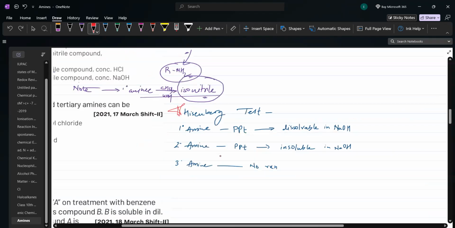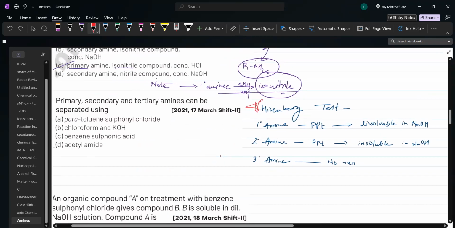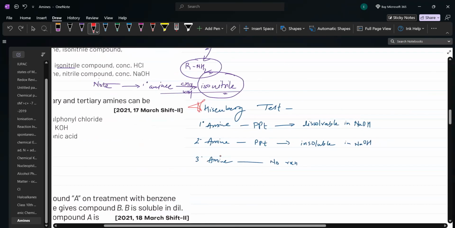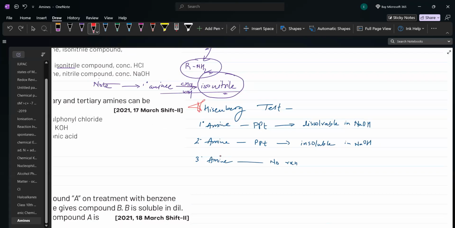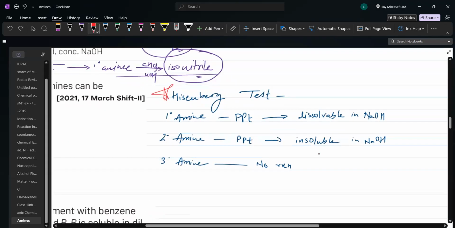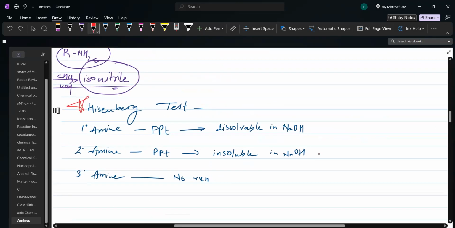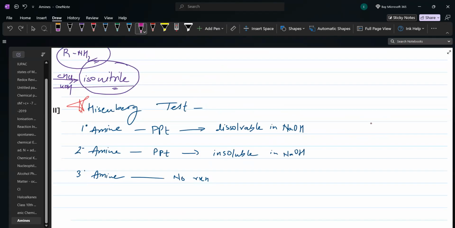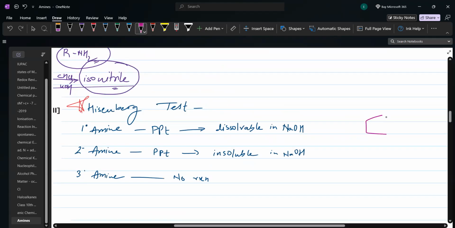Yes, sir. I'm writing it down. What is the reagent here?